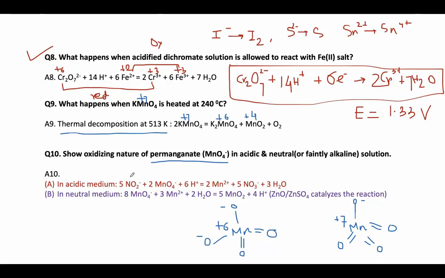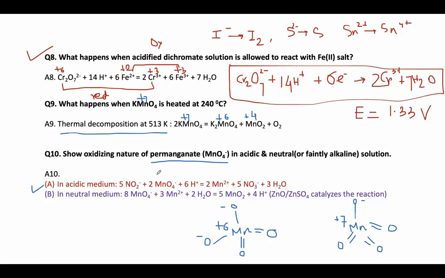The first one is in acidic medium. In acidic medium, 5 moles of nitrite, NO2 minus, react with 2 moles of MnO4 minus and 6H plus, and produce 2 moles of Mn2 plus, 5 moles of nitrate, and 3 moles of water.